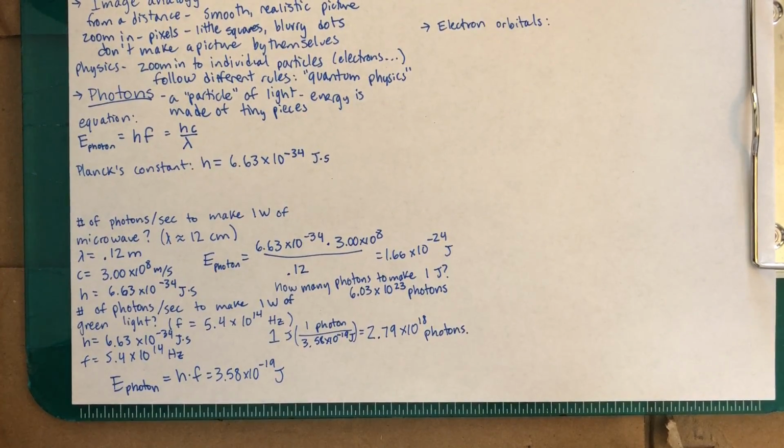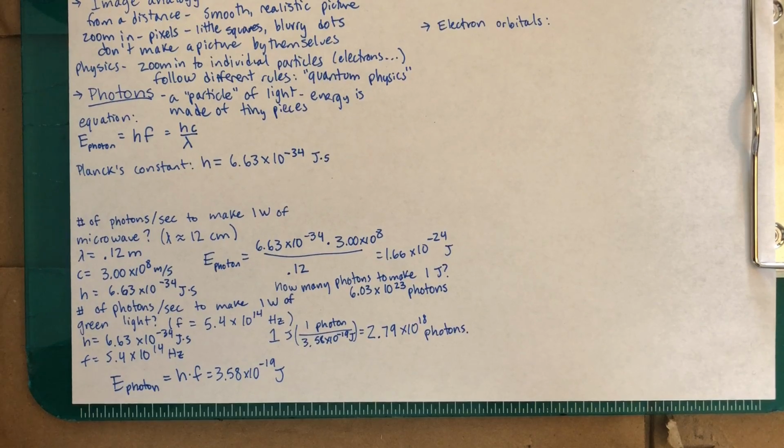So let's kind of talk about what we've seen here, because these numbers are really big, or really small numbers, both together, and they're really hard to picture. And the concepts are very weird. Here's the idea. You can have 1 watt worth of power made of any type of electromagnetic wave, right? Microwaves and green light, the only thing that's different between them is what the frequency or the wavelength is.